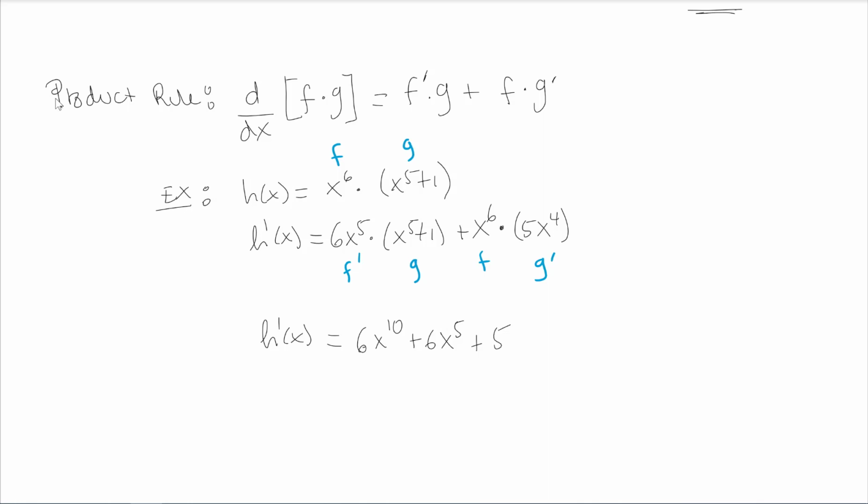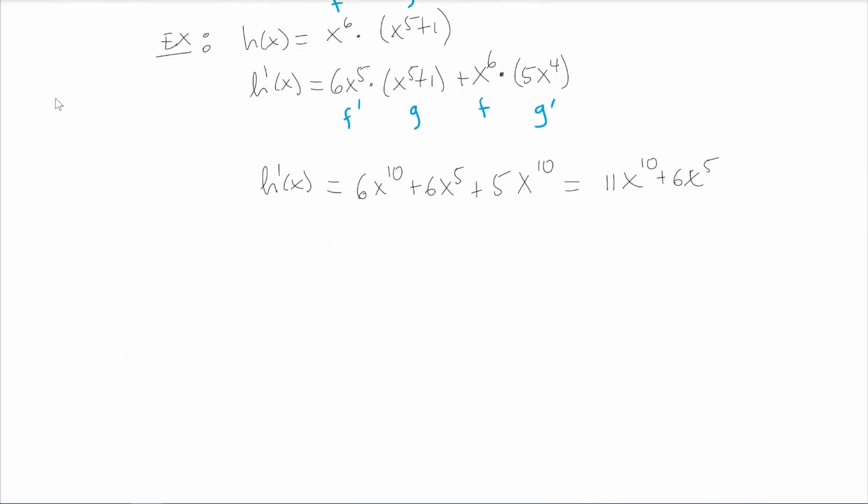When you multiply the same bases, you add exponents. Combine like terms, so 6 plus 5 is 11, so 11x to the 10th plus 6x to the 5th. Notice that if you multiply this out, that's what you should have gotten as well.